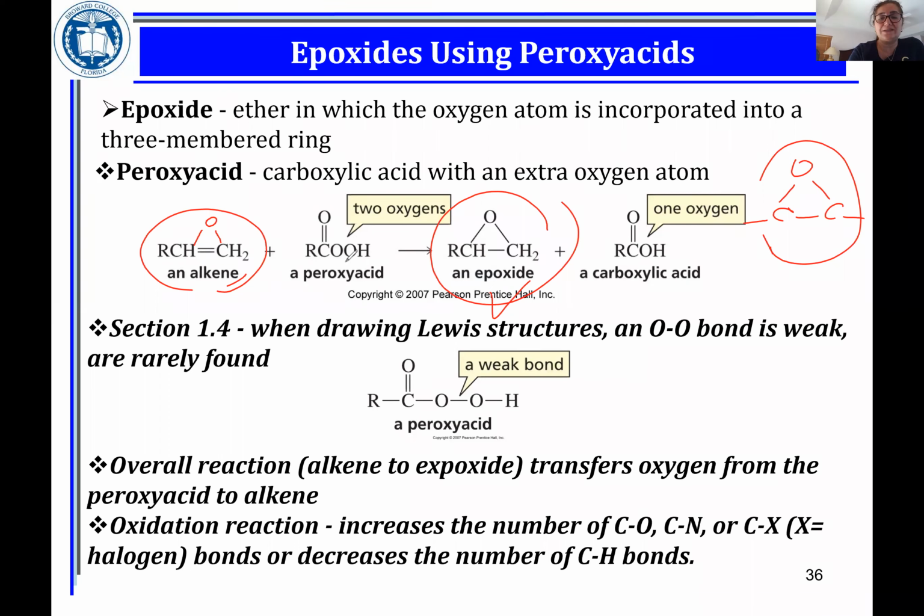What is a peroxy acid? If you have carboxylic acid, CH3COOH, this is a very stable compound. If you change that to peroxy carboxylic acid, it is going to be very unstable.